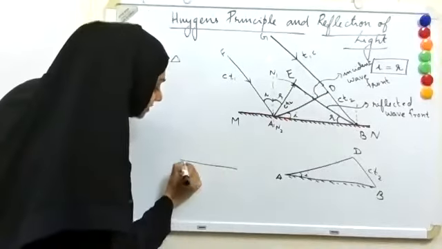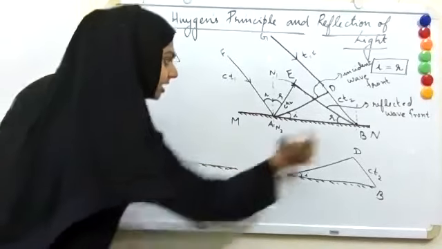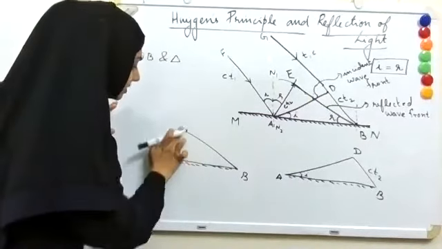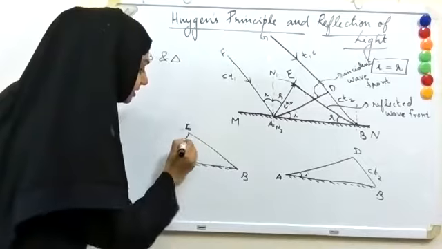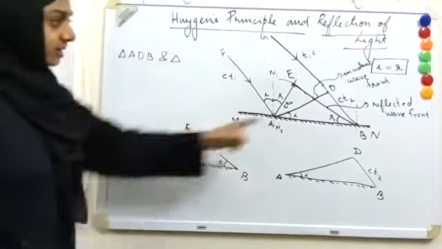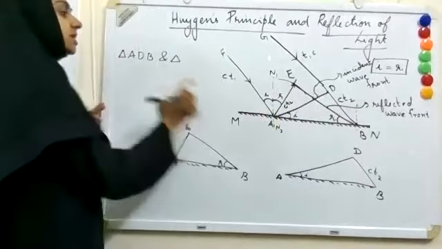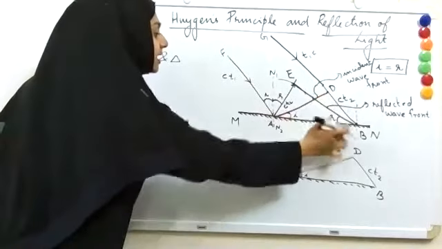This is AB, the mirror part, and then E. So this angle is R. Let me consider these two triangles, ADB and ABE.